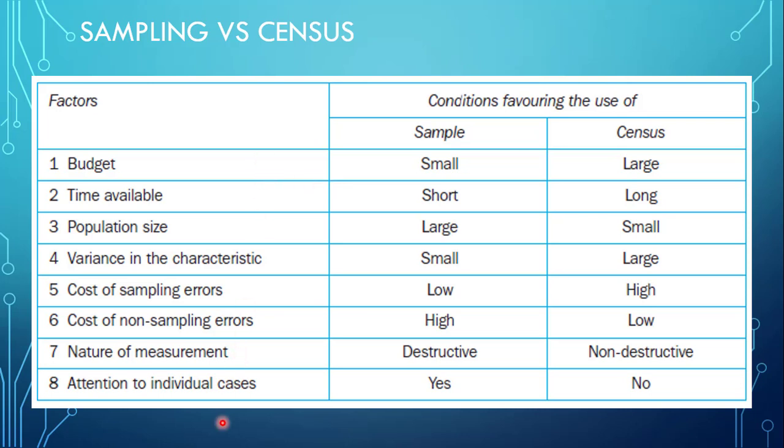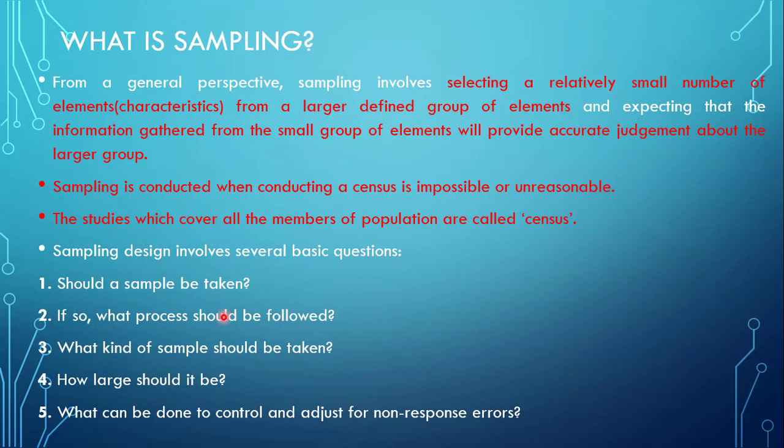You might give different weights, a bigger weight for one and a smaller weight for another, but you are going to consider all 8 factors to decide whether to take samples or conduct a census. So these are the considerations to address the first question that we have discussed here.